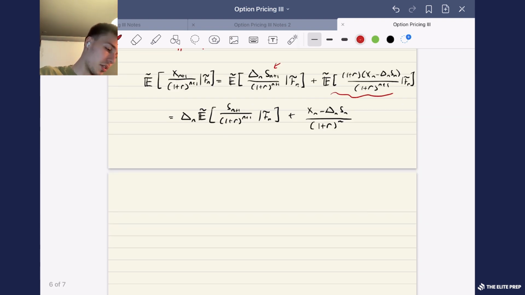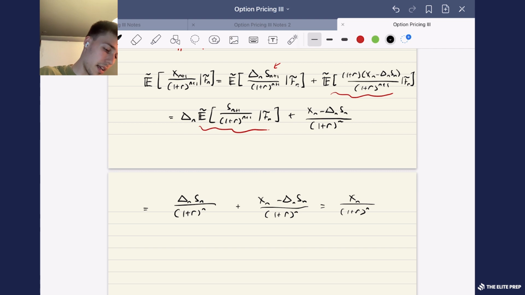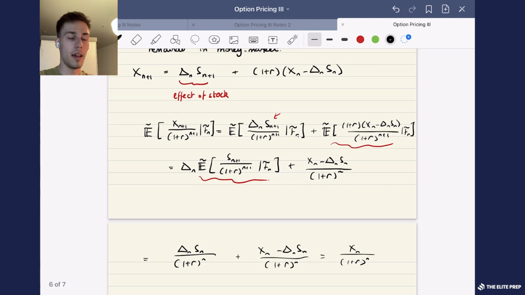And we also use the fact that all primary assets are martingales. So this is just equal to delta n Sn over 1 plus r to the n plus xn minus delta n Sn over 1 plus r to the n, which is just equal to xn over 1 plus r to the n. So that means that the trading strategy is a martingale.